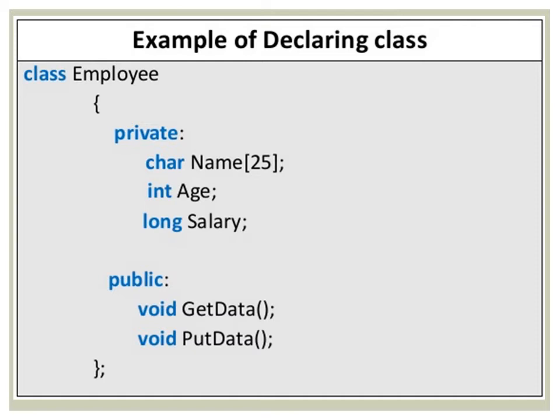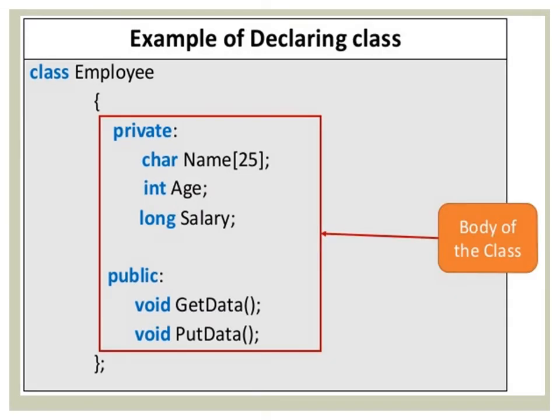Now in the public section we declare void getdata function with brackets and semicolon, and void putdata function with brackets and semicolon. So these are the member functions of the class. This is the simple way we can write the class, an example of declaring the class. Now see, class employee.